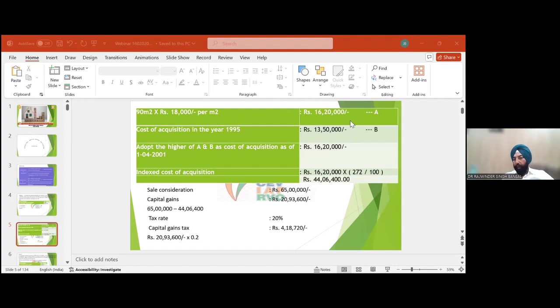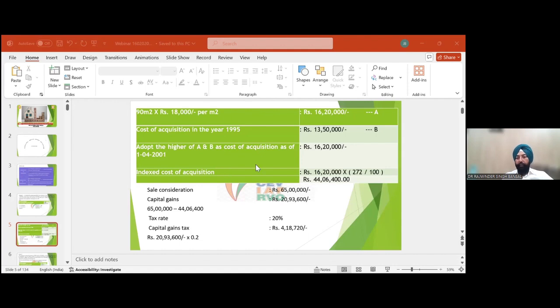So the higher of the two is 16 lakh 20,000. So your cost of acquisition as of 1st April 2001 comes out to be 16 lakh 20,000.